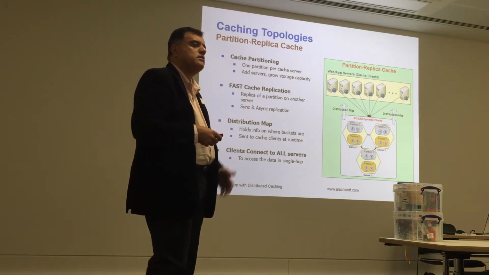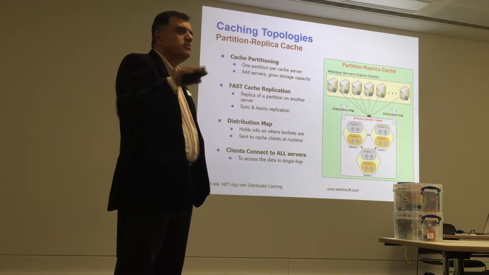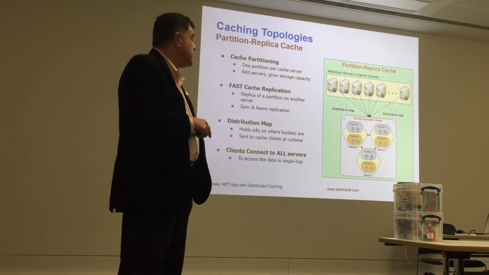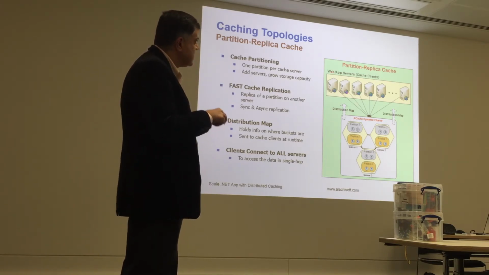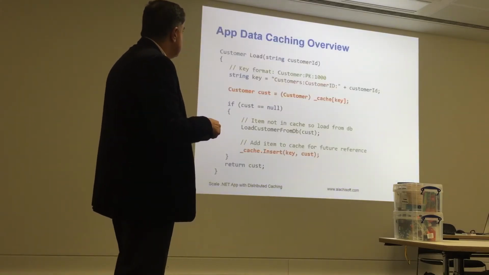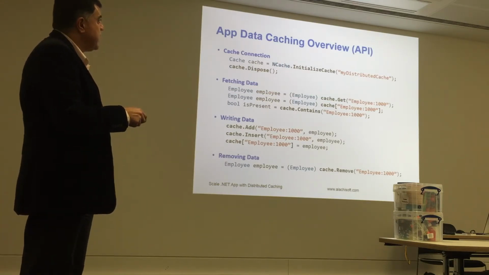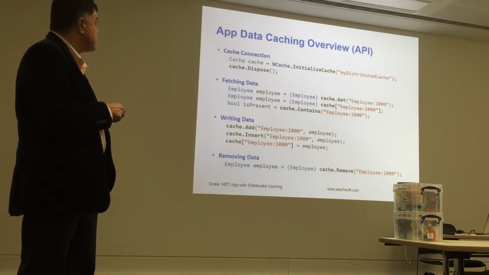Is the communication an open communication? Is the channel always open? It's always open. So you're always connected. Let me just quickly show you. Here's the API. So you connect to the cache, and every cache is named. You connect to the cache, and here's your cache handle.